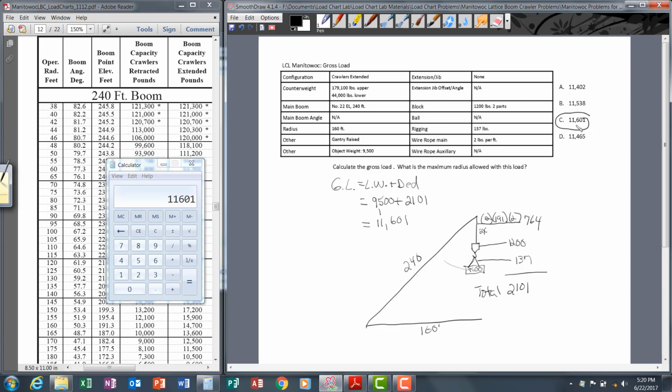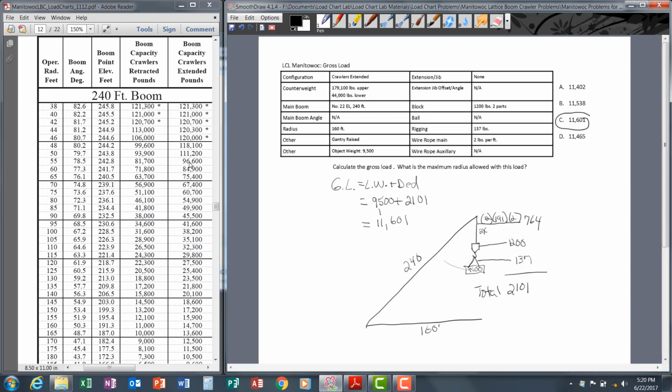But there's one other part of this question that I'm throwing in here. What is the maximum radius allowed with this load? What is the maximum reach with this load, with a load of 11,601 pounds? Our crawlers are extended. We've got 240 foot of main boom. We've got a radius of 160 feet.